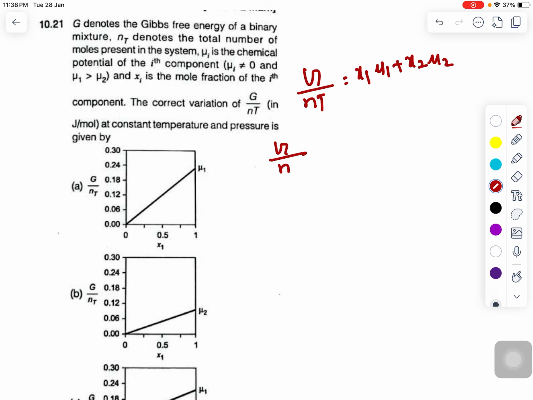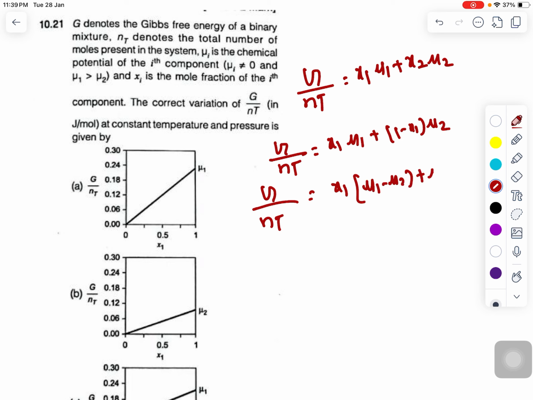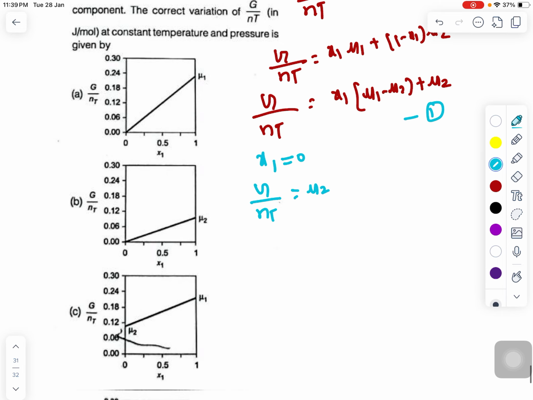So if I write x1 mu1 plus (1 minus x1) mu2, you can write G divided by nT, and if I take x1 common, that will be equal to x1 (mu1 minus mu2) plus mu2, right? So let's say this one is equation first. When x1 is equal to 0, what will happen? G divided by nT is equal to mu2.